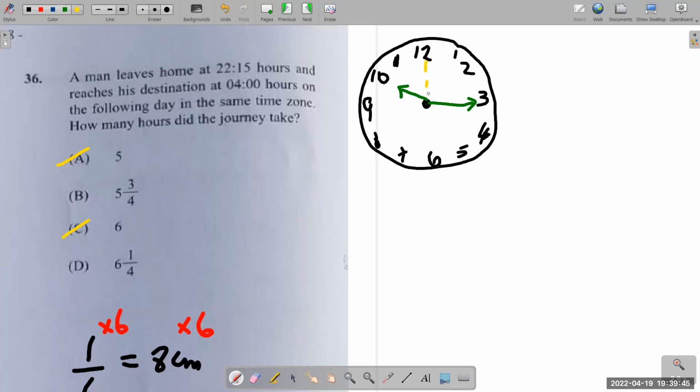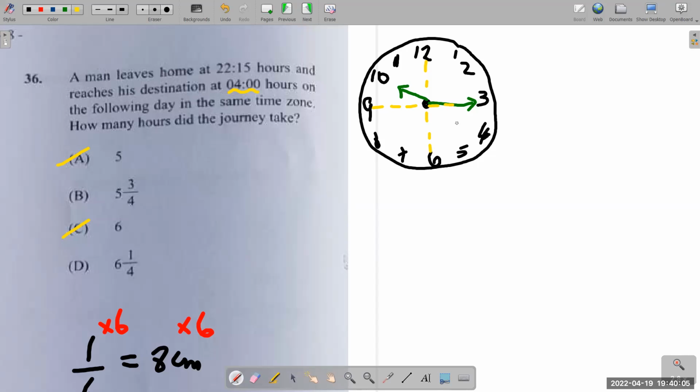That's the first thing. Because what you're telling me is that if you leave 15 minutes past, how could it be a whole hour if the final hour is a whole number? Everybody see what I'm trying to show you? So there we go.